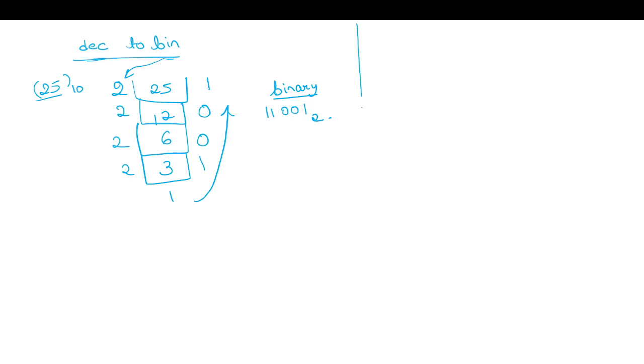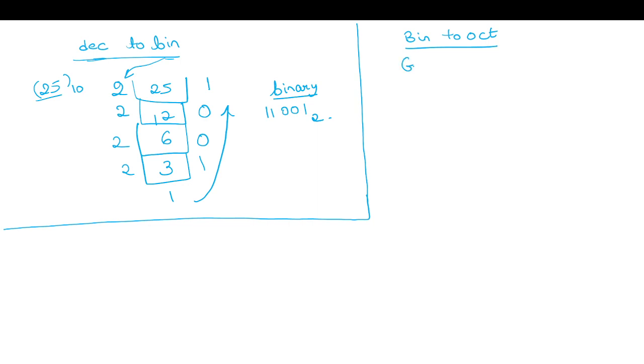Now let's take some more examples. Let's convert a binary to octal. For this, we have to make groups of 3, because octal is 0 to 7, so we need 3 bits. Let's consider this example.